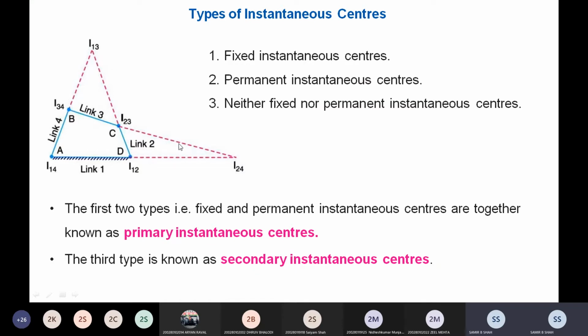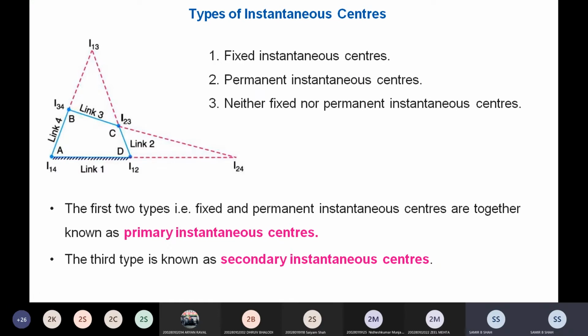Same way, if I talk about these two, then link 4 and link 2 are covered by these two lines and they may intersect somewhere. So we can say that link 2 and link 4 are covered by this intersection. So this is the center I24, wherever it may intersect.